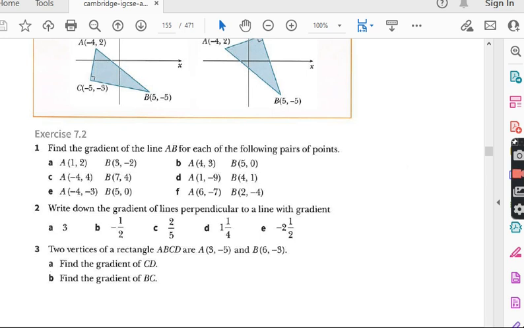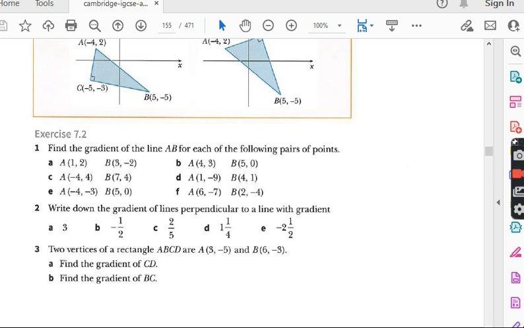Students, in the last lecture we did exercise 7.1 from chapter number 7 in your ADMAS book. Today we are going to start exercise 7.2, and the concept of this exercise is the gradient of a straight line.